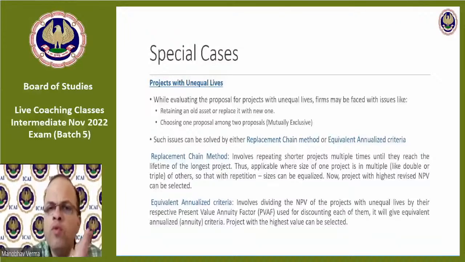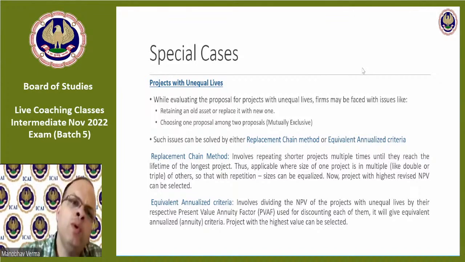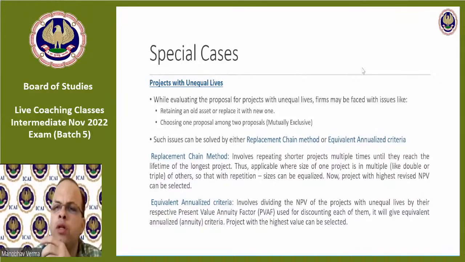Okay, so now we move on to the discussion we were having at the beginning. Projects with unequal lives, and we discussed that yes, it is something which could be an issue with IRR, right?